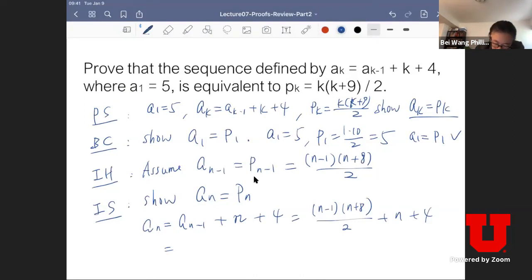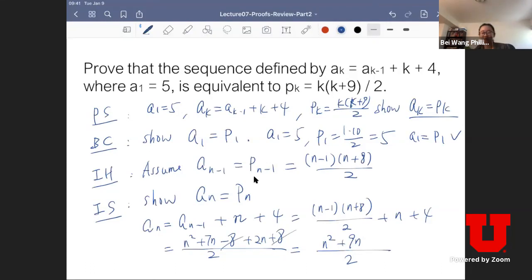So the top is equal to 2 times n squared plus 7n minus 8, and then plus 2n plus 8. Again, this is just some basic algebra, and I'm going to simplify it. What I get is n squared plus 9n. The 8 and minus 8 cancel out.